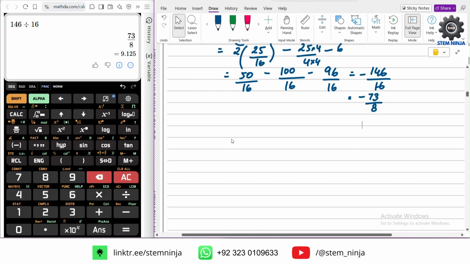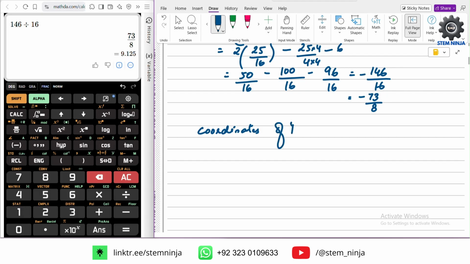So the coordinates of P are x is equal to minus 5 over 4 and y equals to minus 73 over 8.